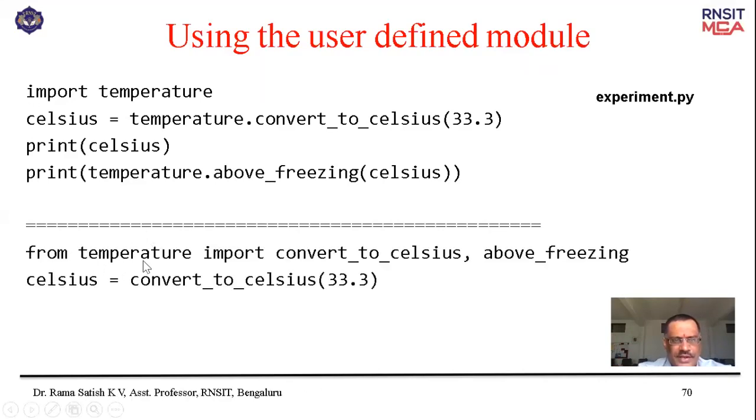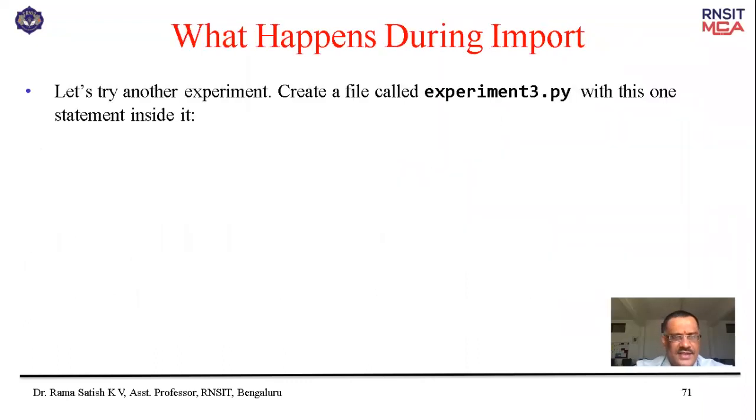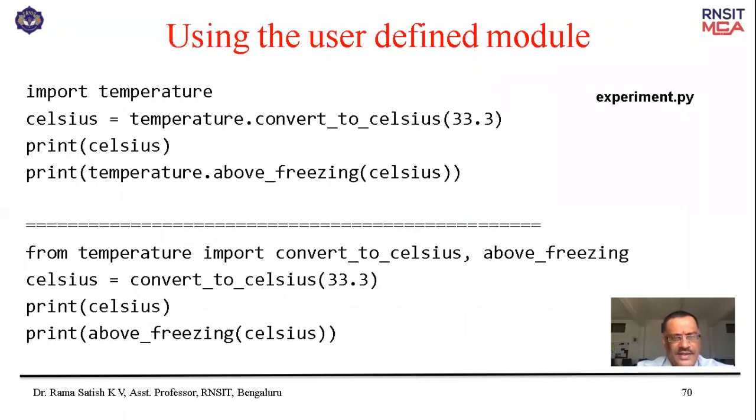Look here, from temperature, import convert to Celsius, comma, above freezing. These are the two functions that I am importing from temperature. So when I use from import, I need not give the module name every time I make a function call. Here I can directly give convert to Celsius, and in the same way I can print above freezing, directly.